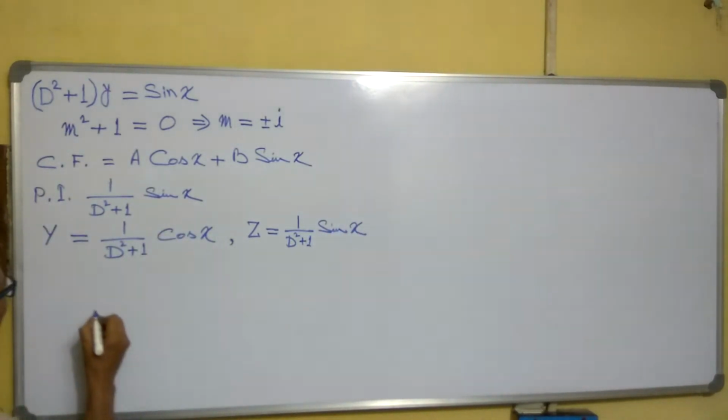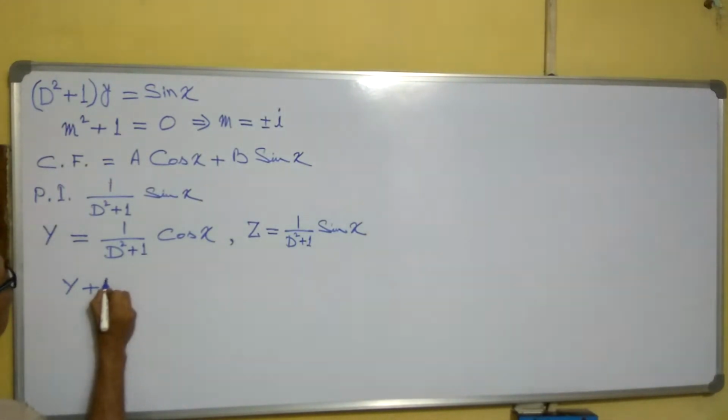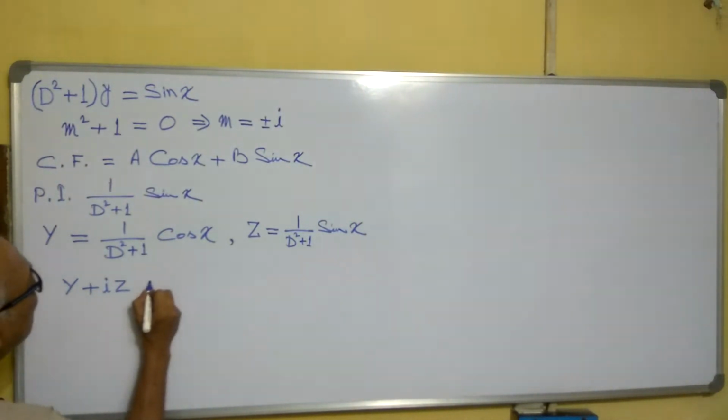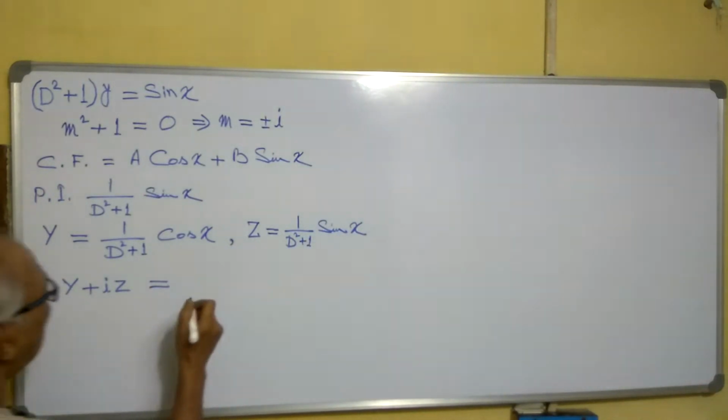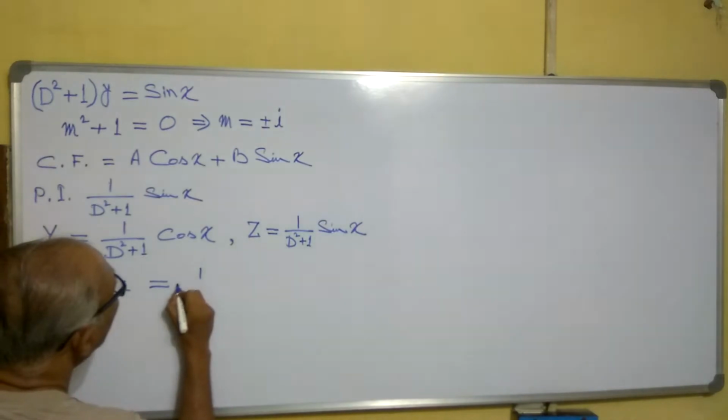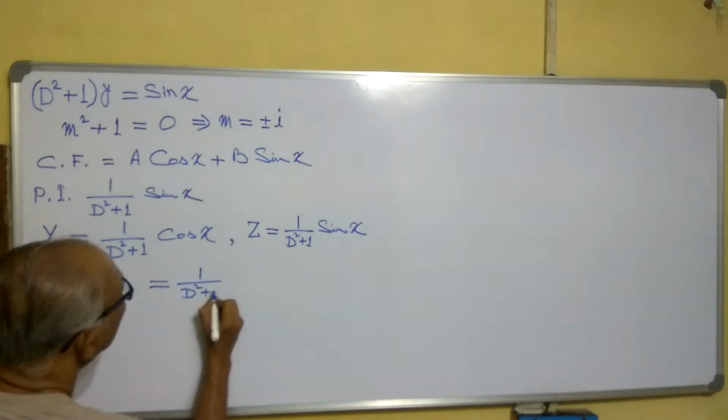So what we can write now, y plus iz equals this one plus i into this one, taking 1 by D square plus 1 common.